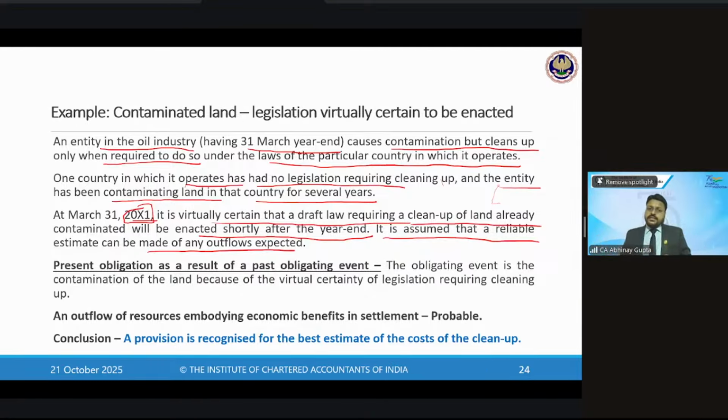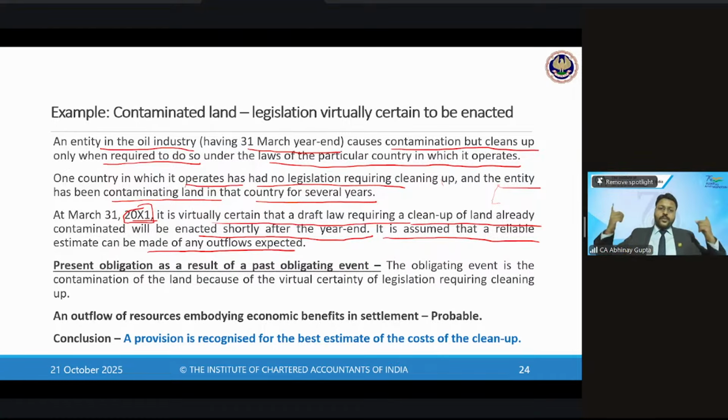Virtually certain means it is definitive or not? Yes, it is definitive. Now, on 31st March, it is definitive that the law will be enacted, requiring the cleanup, right? But that law is not yet enacted. The law actually gets enacted on 10th of April, right?